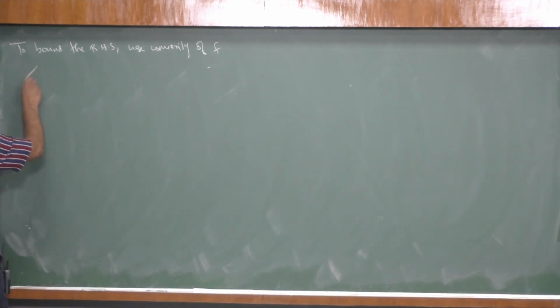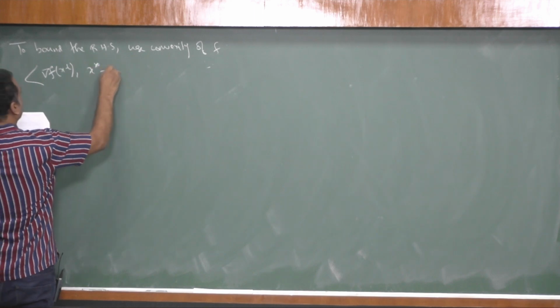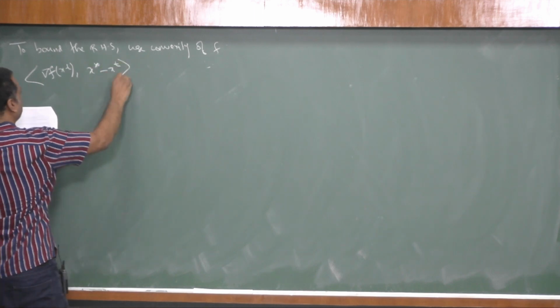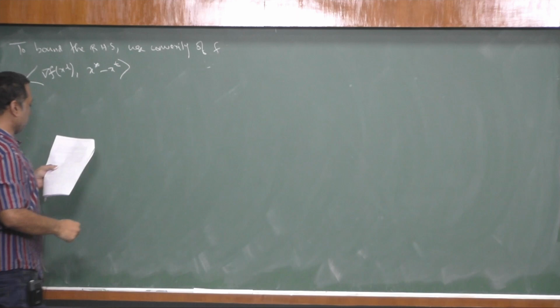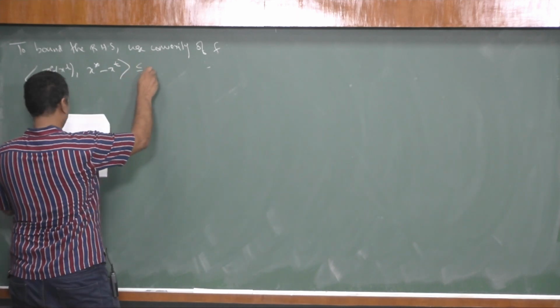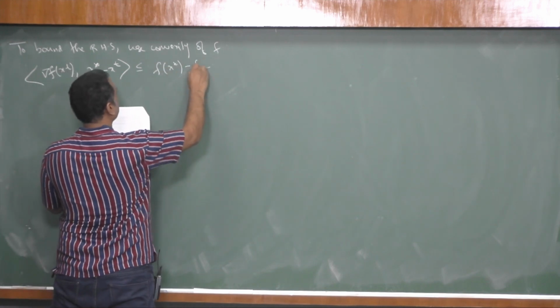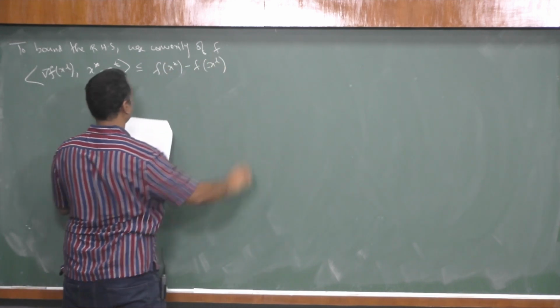If we look into that term, grad f xt times x star minus xt, due to convexity, this is less than or equal to f x star minus f xt.